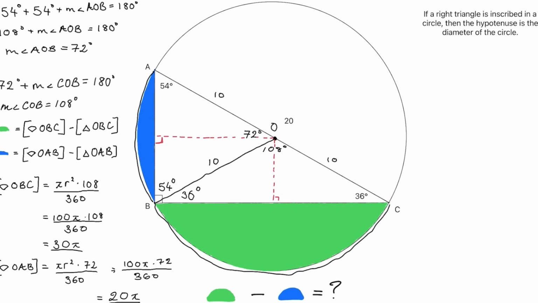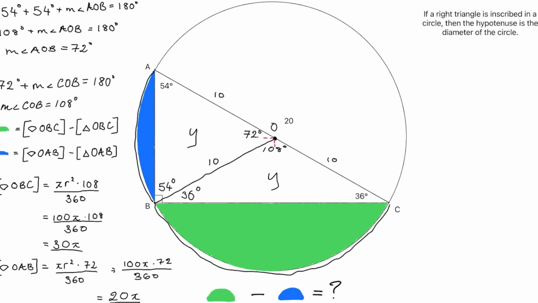And both triangles OAB and OBC are composed of exactly 2 of these smaller right triangles. Therefore, they have the exact same area. So instead of solving numerically for the areas of these triangles, let us simply denote the area as y, the letter y.